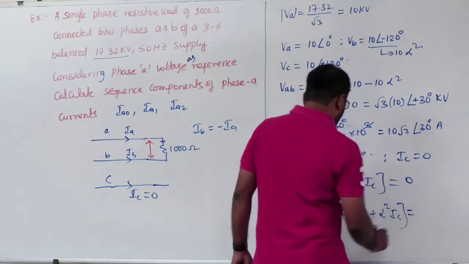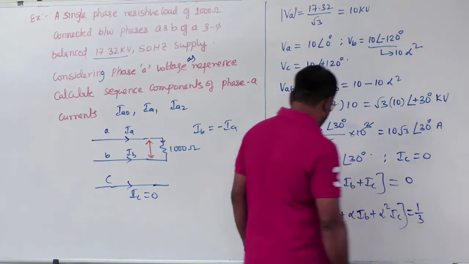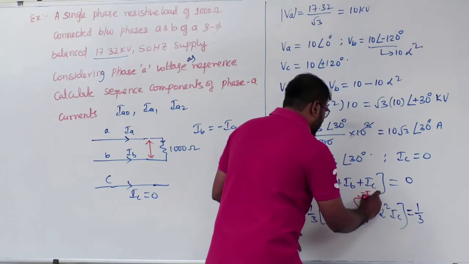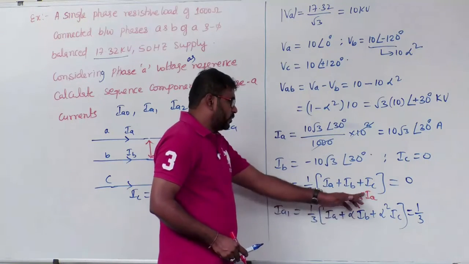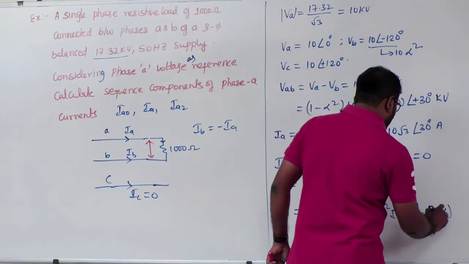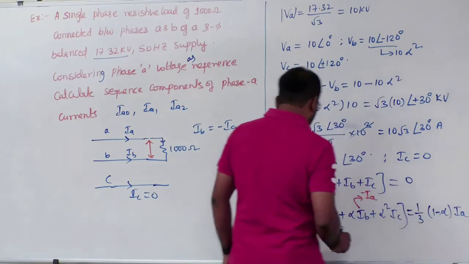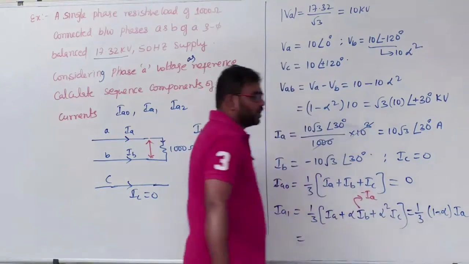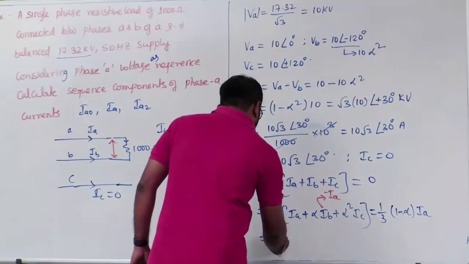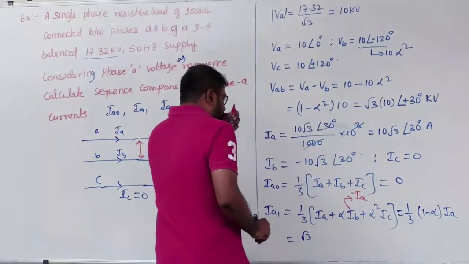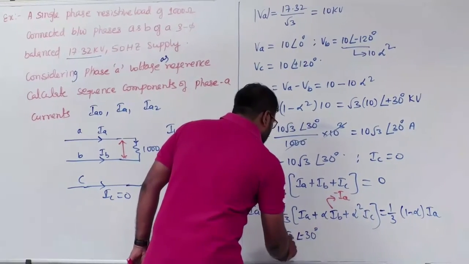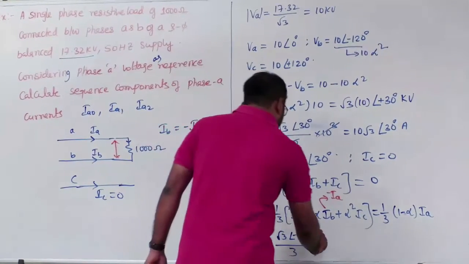So if I take that, 1 by 3 times, IB is minus IA. So IA, if you take common, we get 1 minus alpha times IA. So what is 1 minus alpha? Root 3 at an angle minus 30 degrees. So root 3 at an angle minus 30 degrees by 3 into IA.